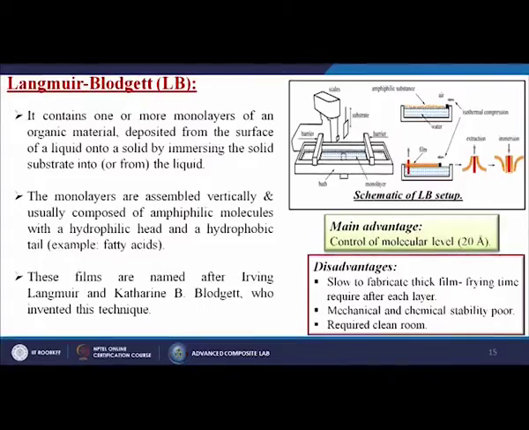It contains one or more monolayers of an organic material deposited from the surface of a liquid onto a solid by immersing the solid substrate into the liquid. The monolayers are assembled vertically and usually composed of amphiphilic molecules with a hydrophilic head and a hydrophobic tail, for example fatty acids. These films are named after Irving Langmuir and Katharine B. Blodgett, who invented these techniques. That is why we call it a Langmuir Blodgett film or Langmuir Blodgett technique.